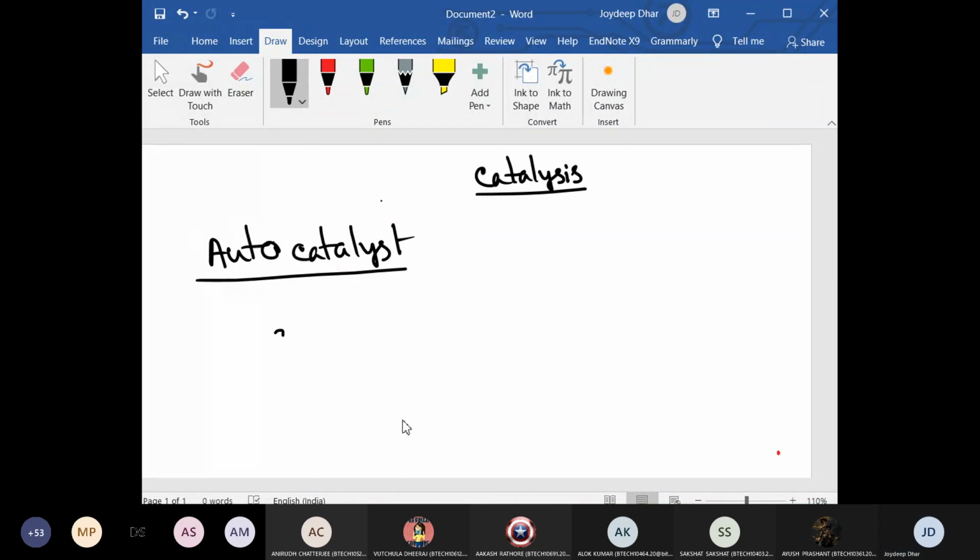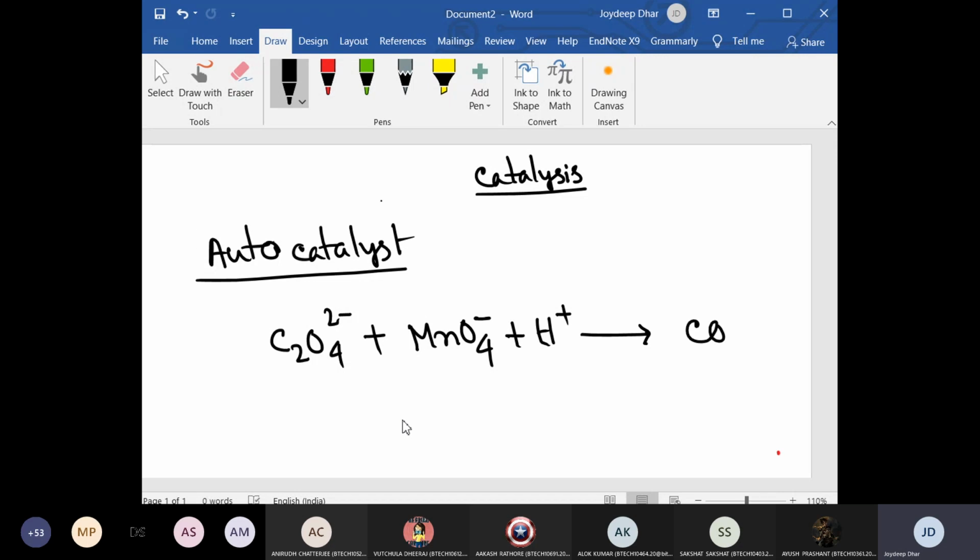One common example is oxalate. You take oxalic acid and react it with KMnO4. KMnO4 will oxidize the oxalate ion or oxalic acid, whatever you take, into carbon dioxide.